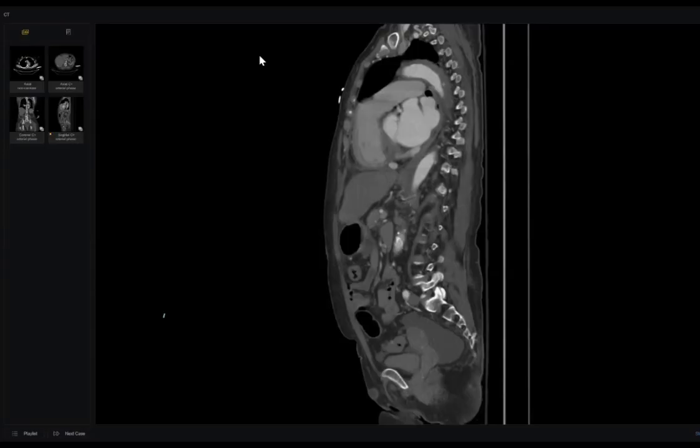In intramural hematoma, there is blood between the intima and media, the internal and middle part of the aorta, in which the blood accumulates and displaces the calcification of the intima medially. In penetrating ulcer, there's an outpouching from the intima, continuous with the lumen, and it may dissect into the thoracic cavity and further cause mediastinal hematoma also.